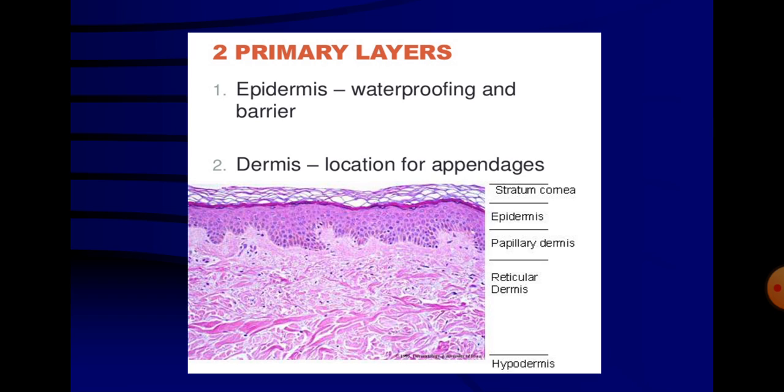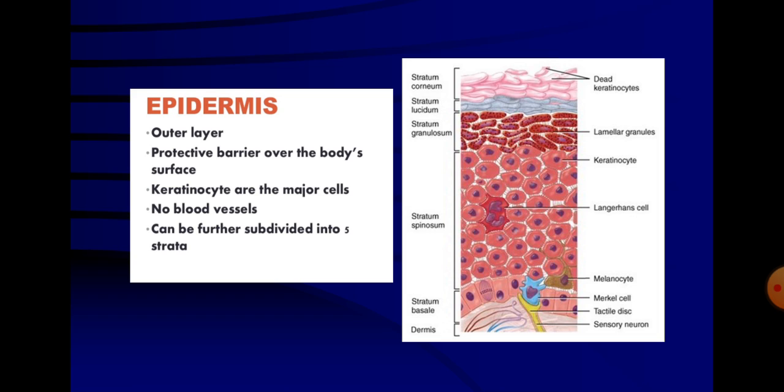In between the epidermis and dermis is a layer known as the basement membrane, and below the dermis is the hypodermis. The epidermis is the outer layer, a protective barrier over the body's surface, and its major cells are keratinocytes, that is keratin, because this layer of epidermis is made of mostly dead cells.